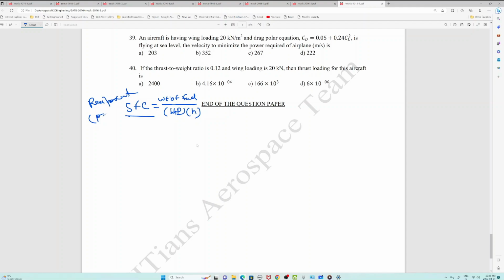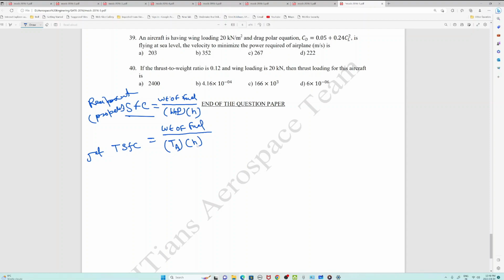Okay, now if we talk about the jet engine, then it is called TSFC, and obviously this is weight of fuel consumed per unit thrust per unit time, hour we can take here. Actually thrust available.